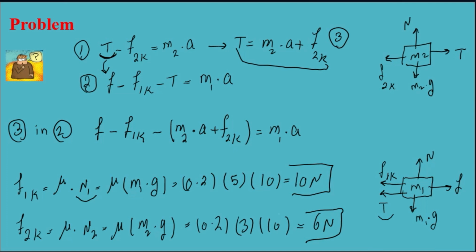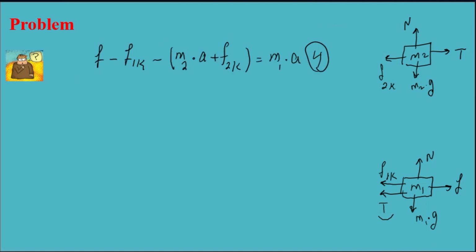Now I'm going to substitute all the variables I have in this equation, which I'm going to call equation 4. So from equation 4, what I have for F is 20, minus my F1K, which is 10, minus my M2, which is 3, times acceleration plus my F2K, which is 6 newtons.